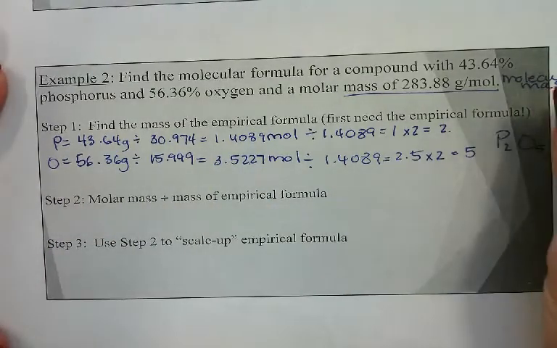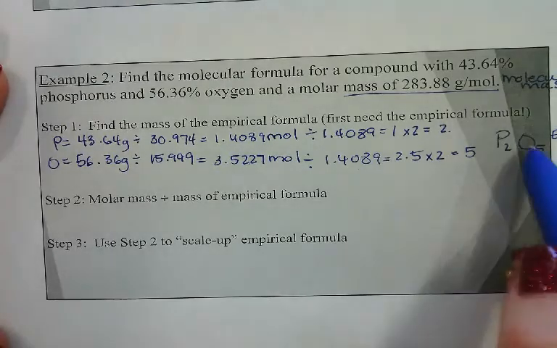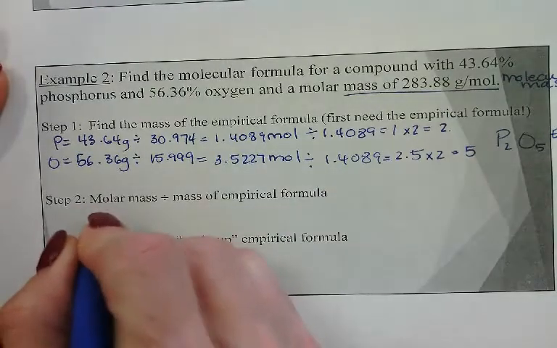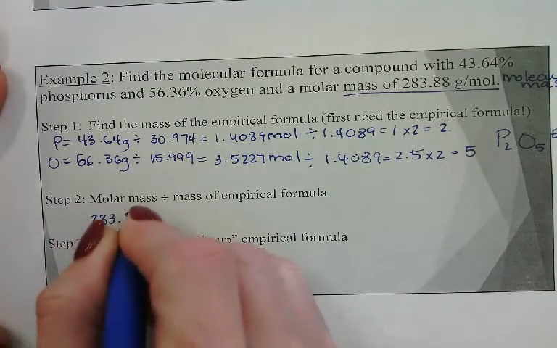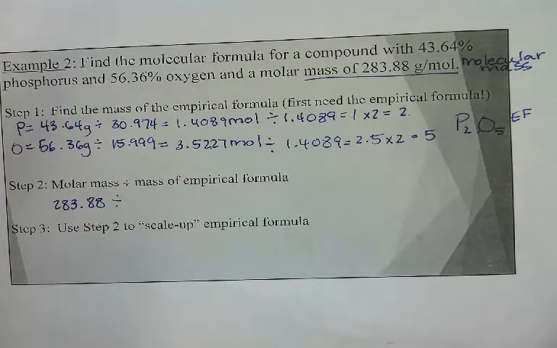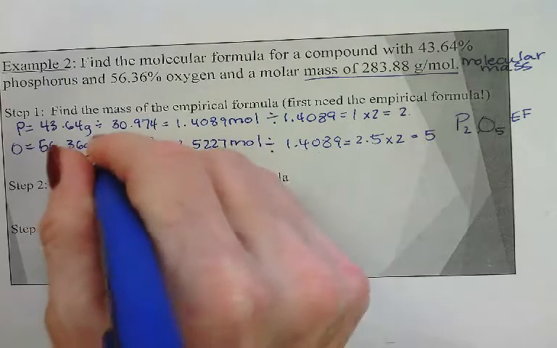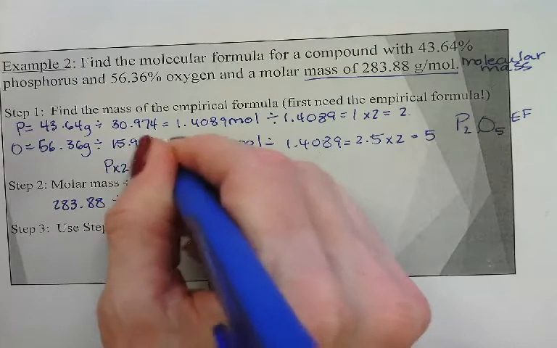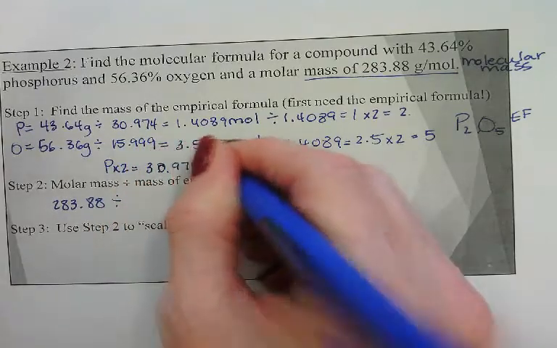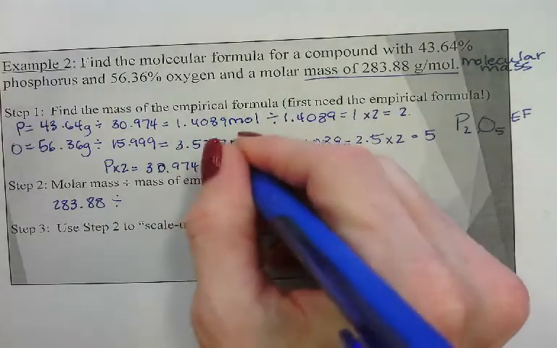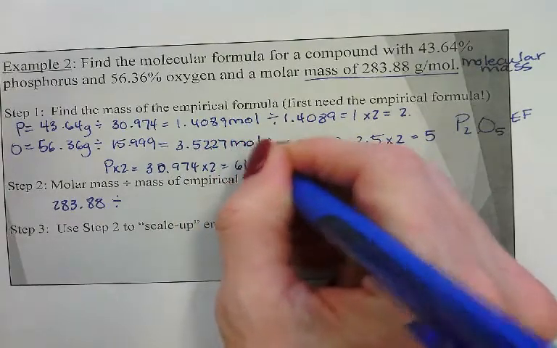That's my empirical formula. I need the empirical formula's mass, because I'm going to take this molecular mass, 283.88, and divide it by the mass of P2O5. So I need to find the mass of P2O5. So phosphorus times 2, 30.974 times 2, is 61.948.